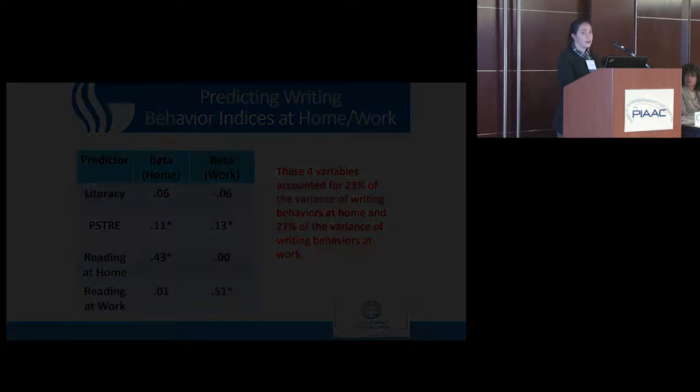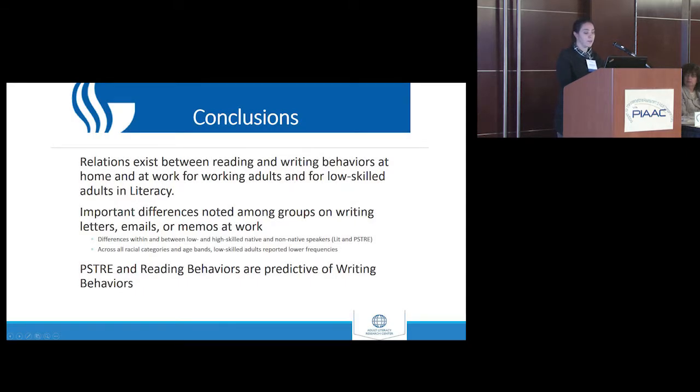So overall, we find relations exist between reading and writing behaviors at home and at work for the general population, as well as for low-skilled adults in literacy. We do find important differences among the different demographic groups across all of our different variables.